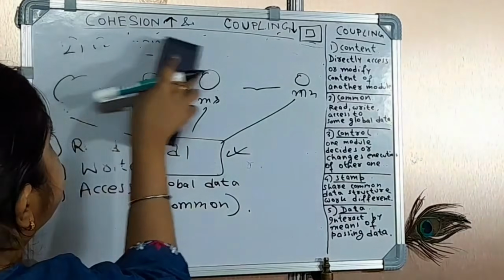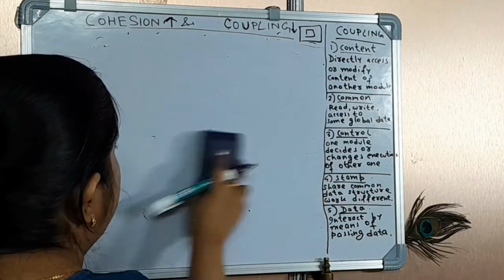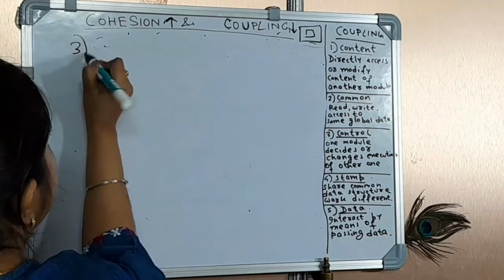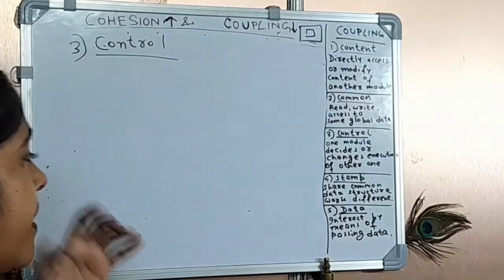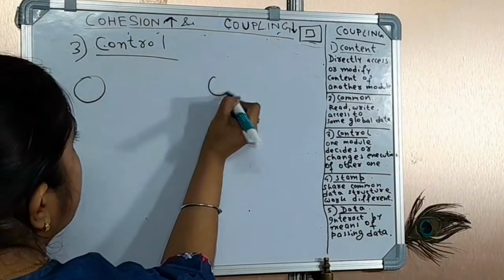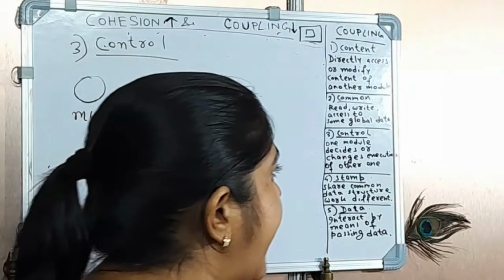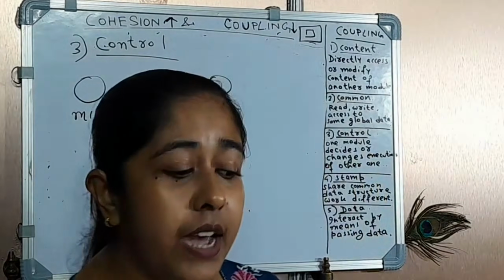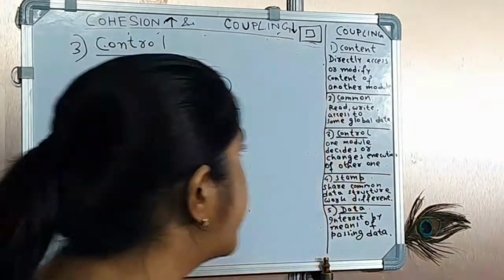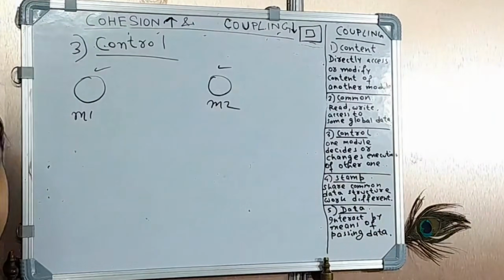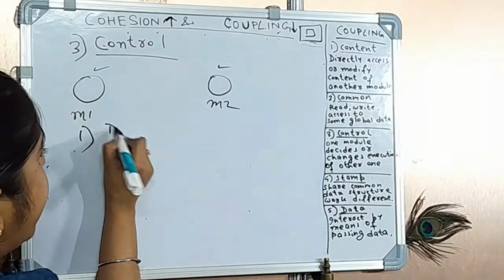Done? Now let's see the third kind of coupling, that is control coupling. What is control coupling? Here we are talking about two modules, this is my module 1, this is my module 2. One module decides or changes the execution of the other module.